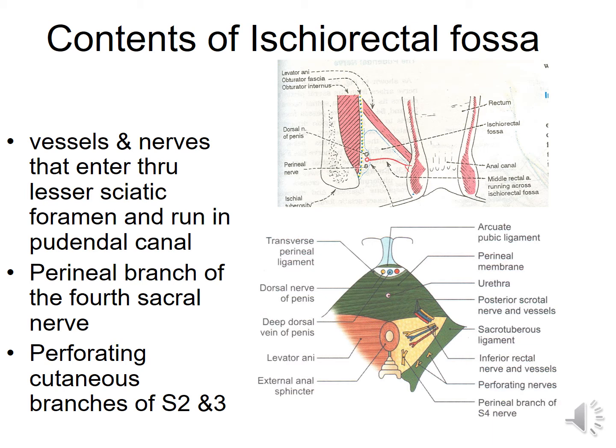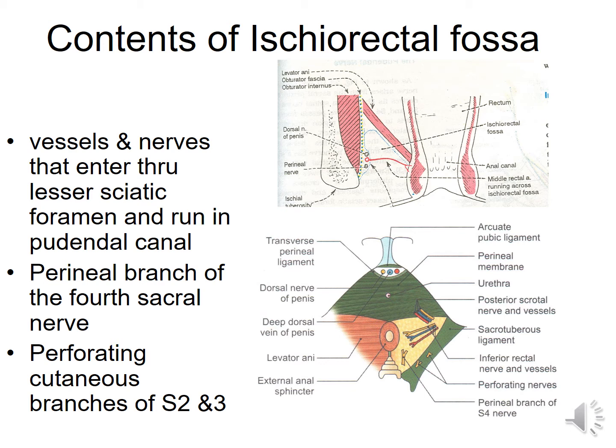Right, and we can also see that the pudendal canal is a very important content in the lateral wall of ischiorectal fossa. So these are the contents, and in the diagram also we can appreciate all the boundaries of ischiorectal or ischioanal fossa.